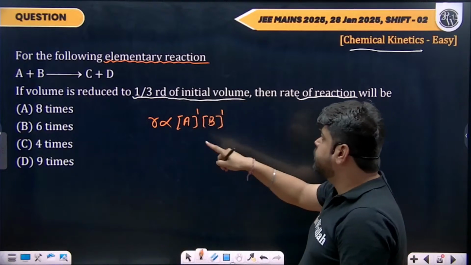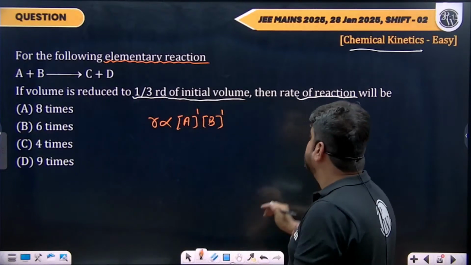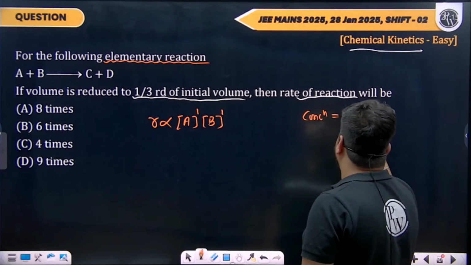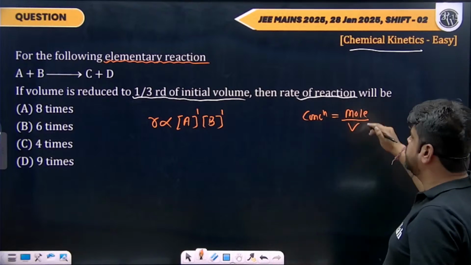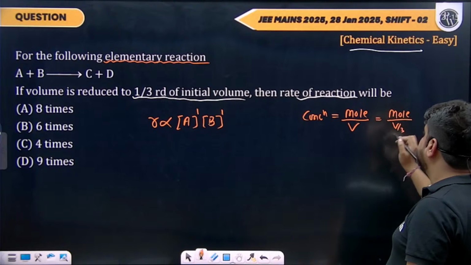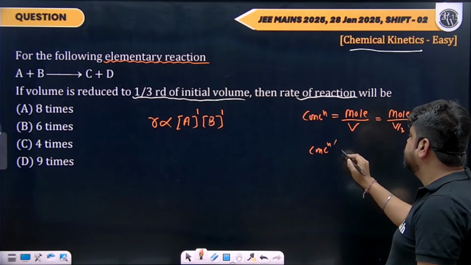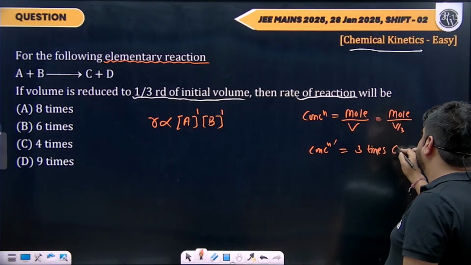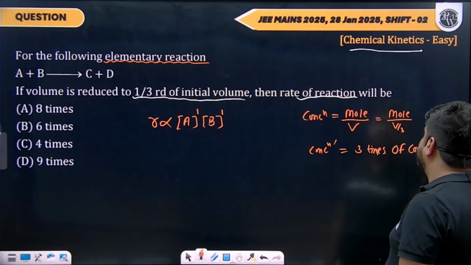If volume is reduced to 1/3, and we very well know concentration depends on volume, then concentration will be 3 times the original concentration.